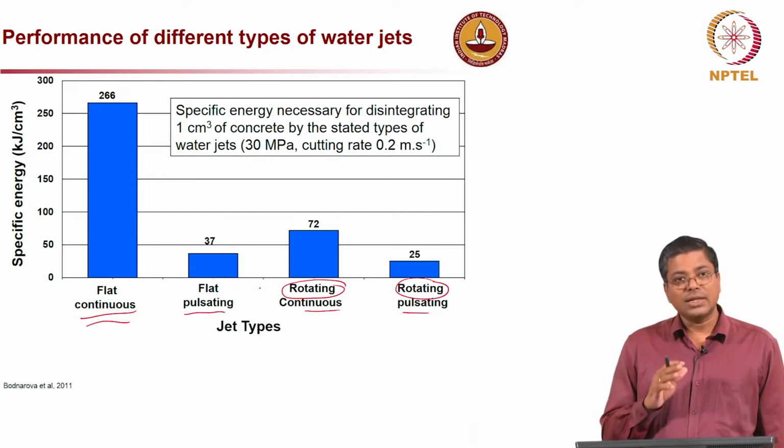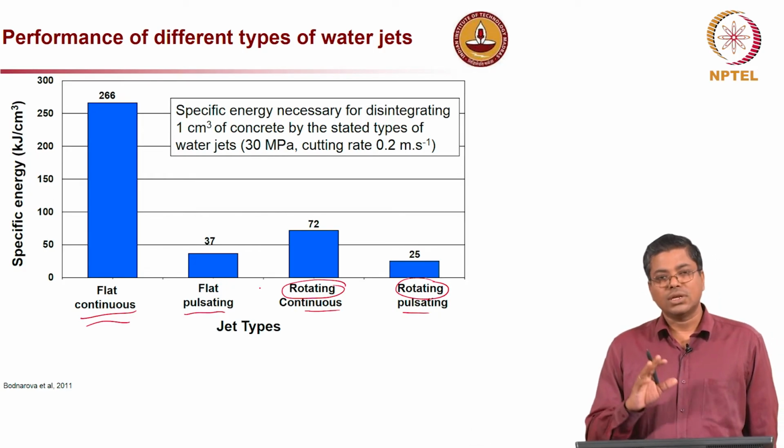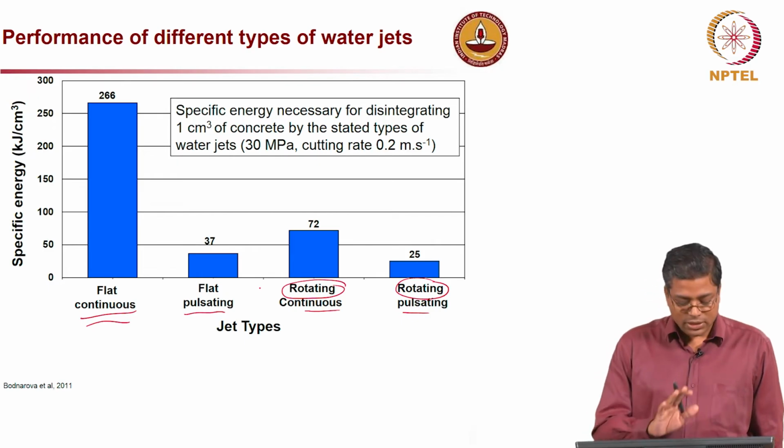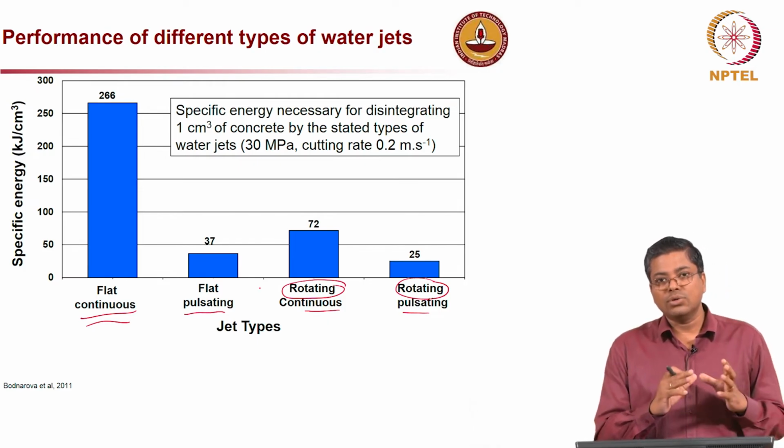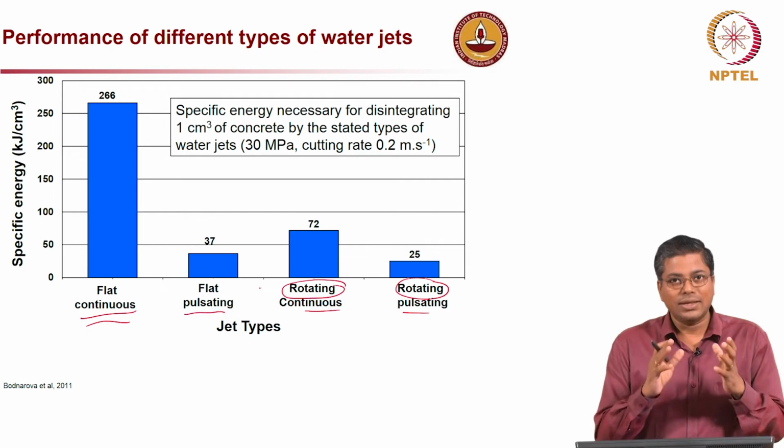So definitely the type of tool you use really influences the outcome. That is the message from this. You have to use the right tool so that you do not have to spend much energy and money at the site.